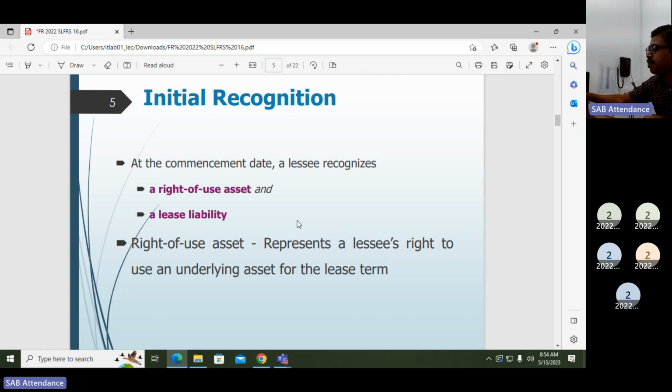The right of use asset represents the lessee's right to use the underlying asset for the lease term. Lease term is the lease period.